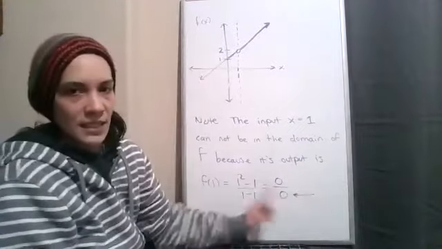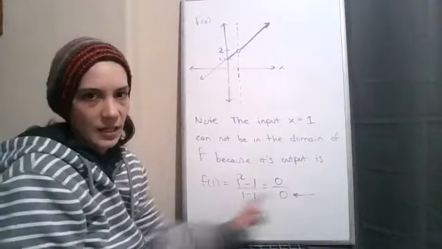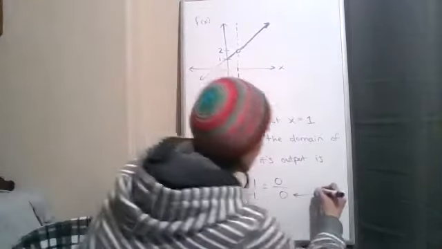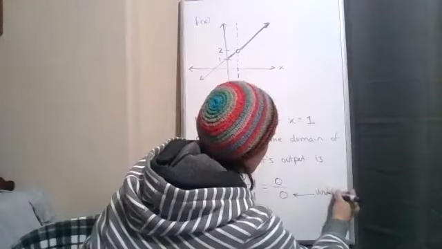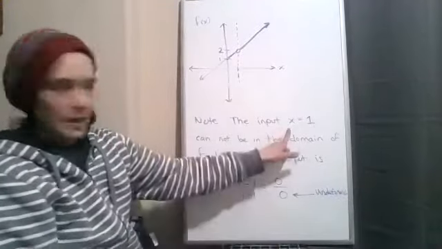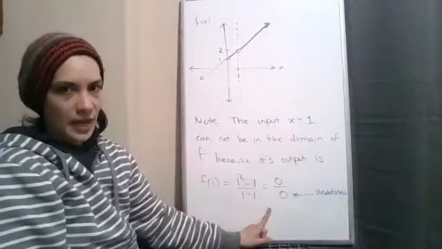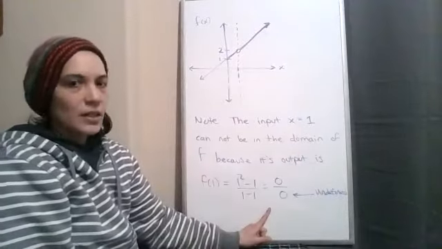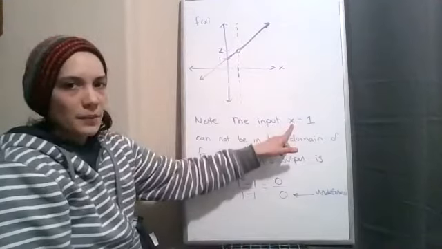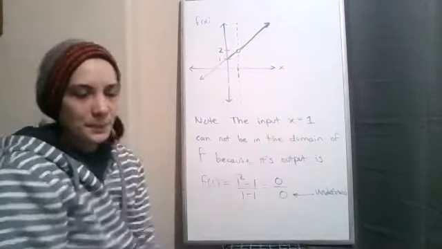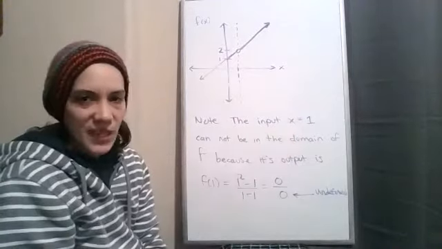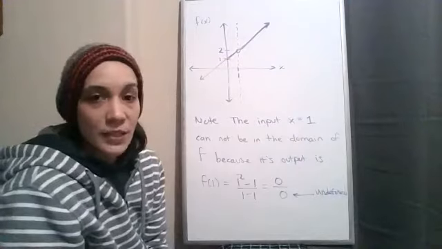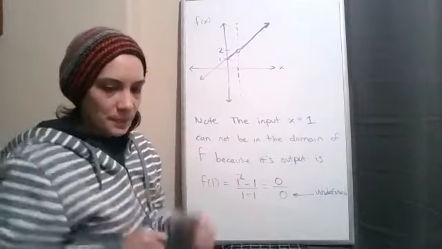When that happens, this is undefined, or it does not exist. So the input x does not have an output f of x, so it can't be in the domain. That's just stuff on the side. Let's go back to limits.